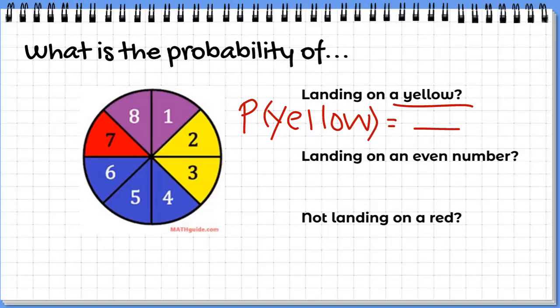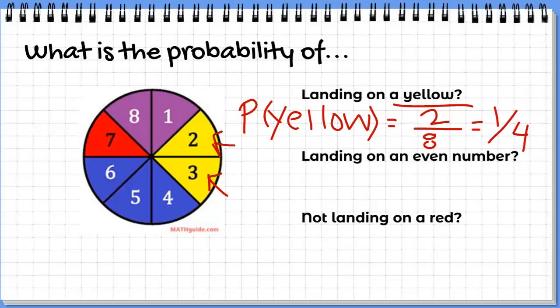Now I'm going to set up my fraction, my ratio. Well, if I'm desiring a yellow, I see that there's only 2 yellows. So there's 2 out of the total of 8 that would be yellow. Well, I see I can simplify 2 eighths, and that is equivalent to 1 out of 4.